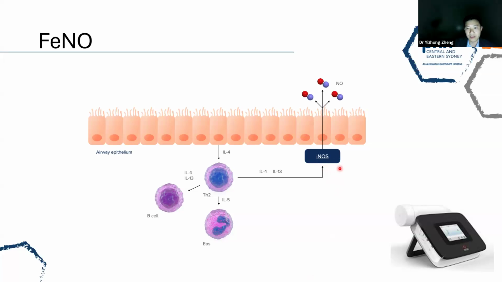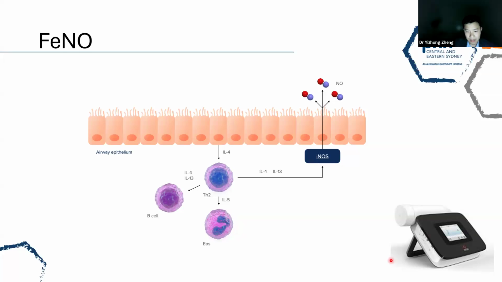This enzyme produces nitric oxide in the airway epithelium, which can be detected by a handheld analyzer. This pathway is triggered by IL-4, IL-13, IL-5, and is associated with high eosinophil levels, as well as atopic asthma.